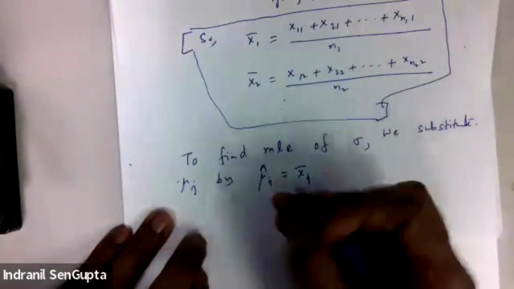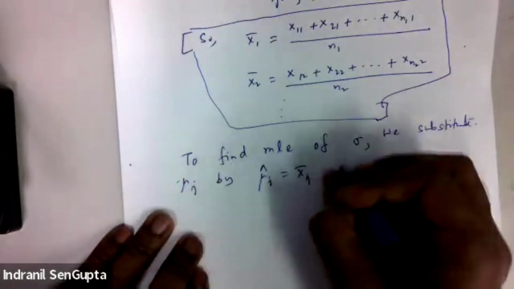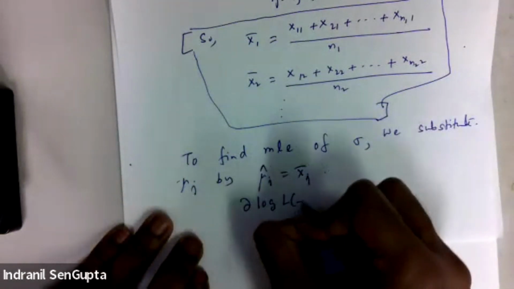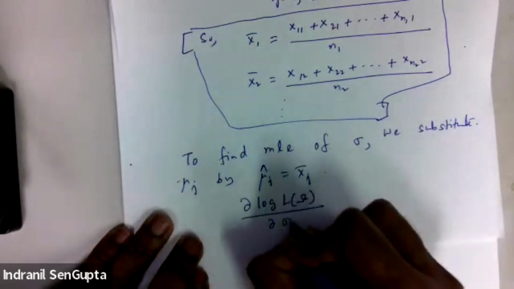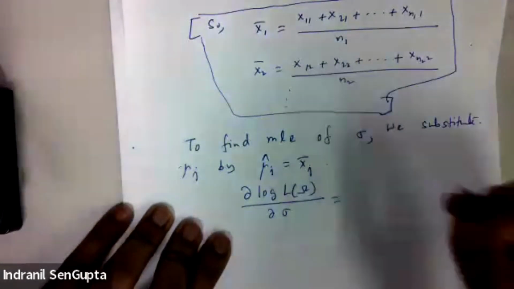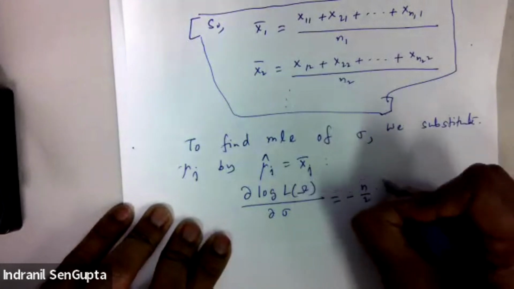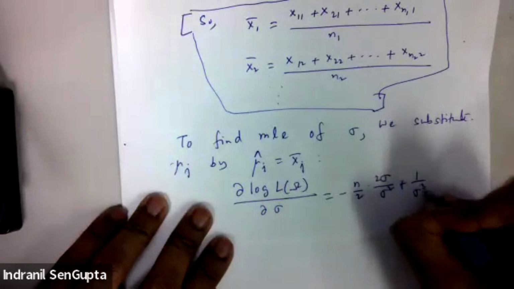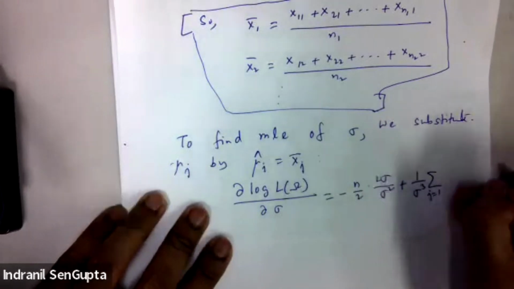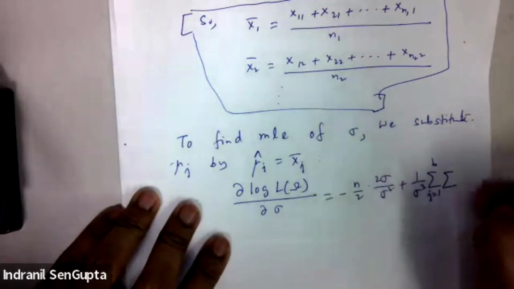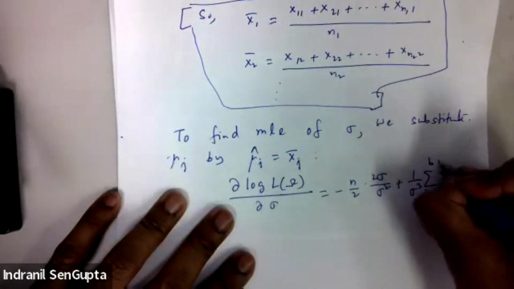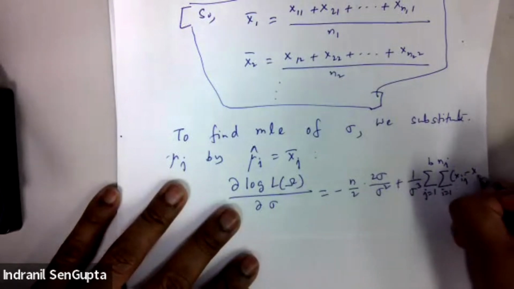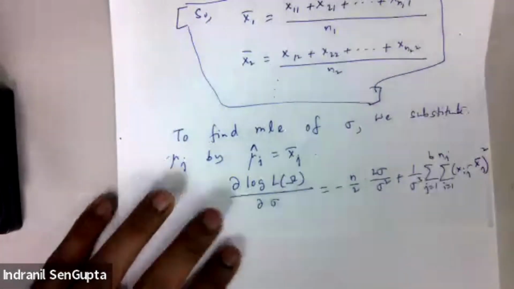And let's write this. The derivative of log of L omega with respect to sigma would be equal to, you can check, minus n over sigma plus 1 over sigma cubed, sum over j from 1 to b, i from 1 to n sub j, of x_ij minus x j bar squared.